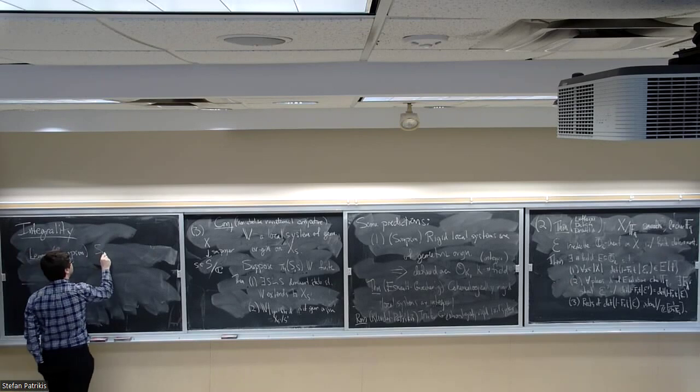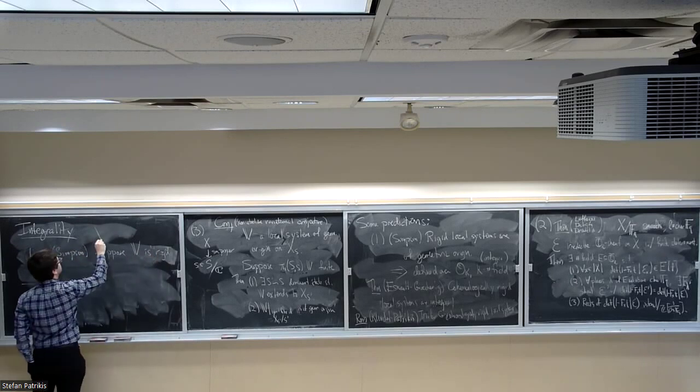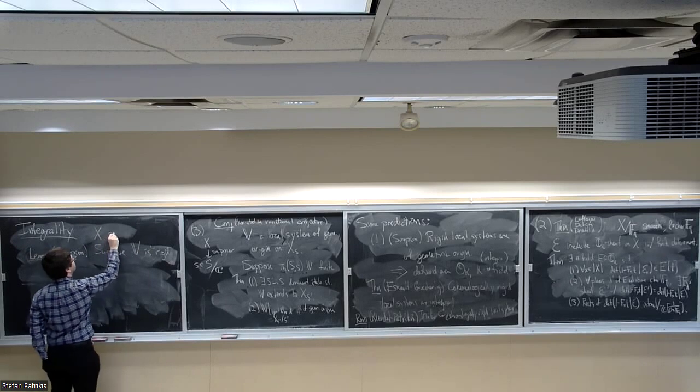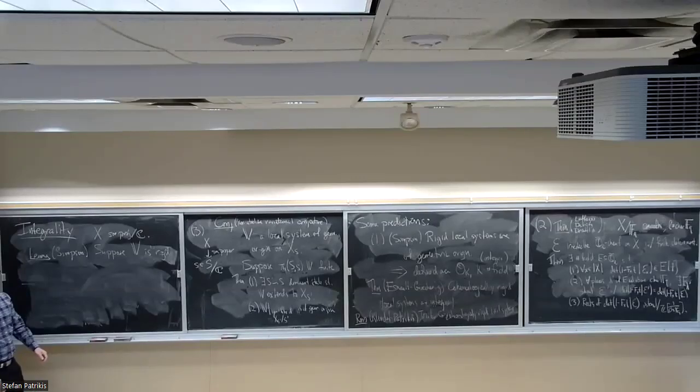Suppose V is rigid. Here, I'm going to work with X smooth projective over C, just to avoid a lot of the notation that we saw when Jake explained what cohomological rigidity means.